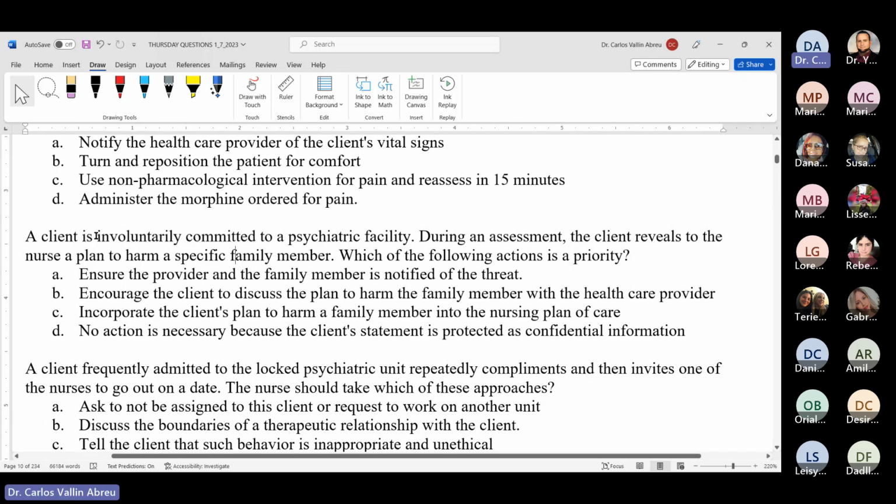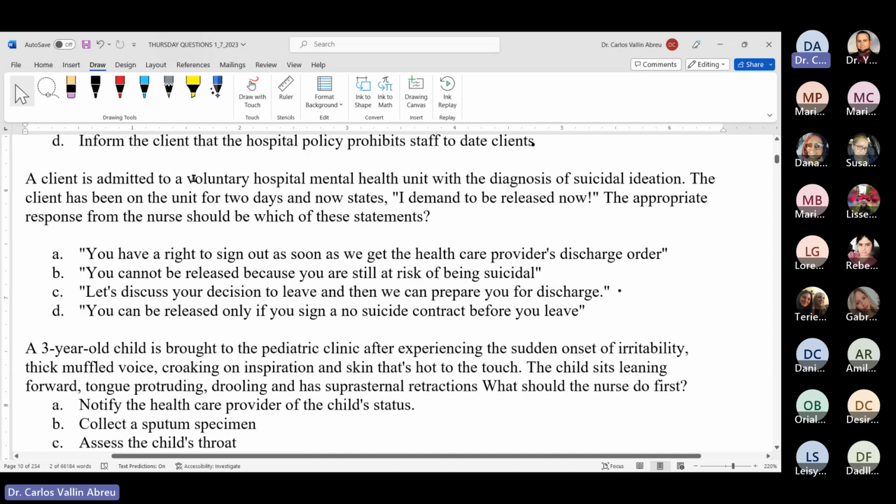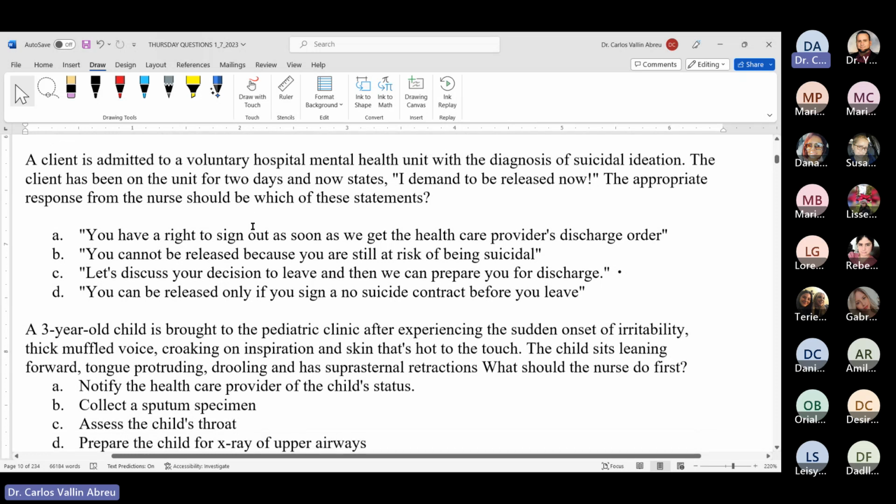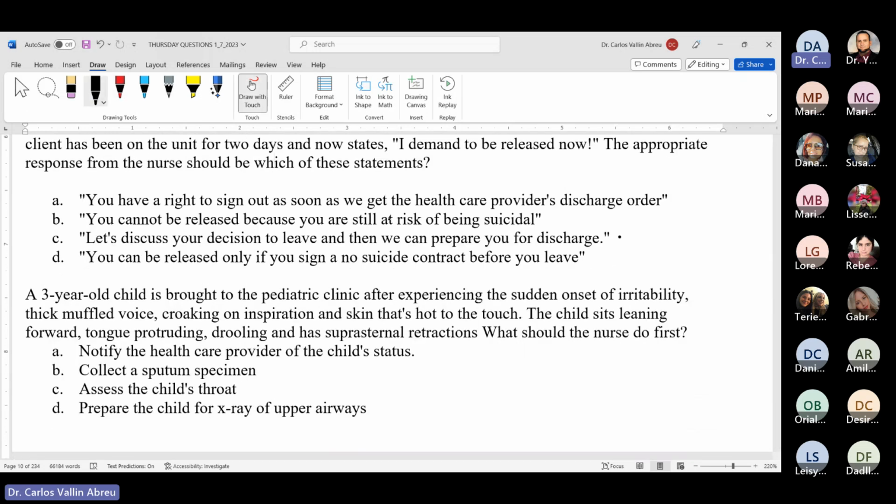So legally, you need to discriminate the involuntary commitment, or what you call the Baker Act, from a scenario like this, where a client was admitted voluntarily to the hospital. So the client can leave whenever the client wants. There is no need for a doctor's order.